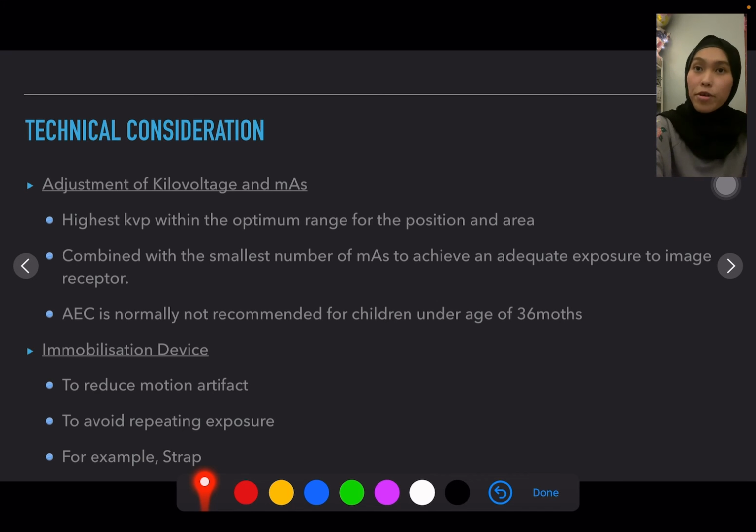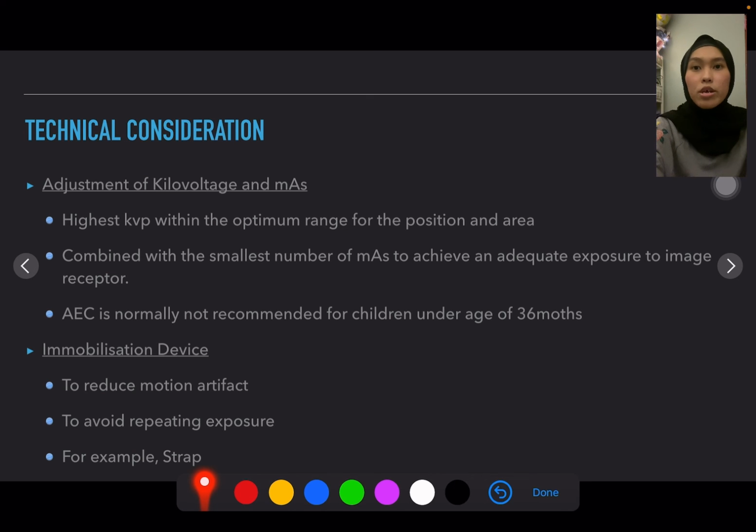As a radiographer, we know the basic for pediatrics is to adjust the kV and the mAs, because pediatric patients are thinner than normal adults. For pediatric patients, we use the highest kVp within the optimum range for the position and area, combined with the smallest amount of mAs to achieve adequate exposure to the image receptor. And normally AEC is not recommended for children under 36 months.